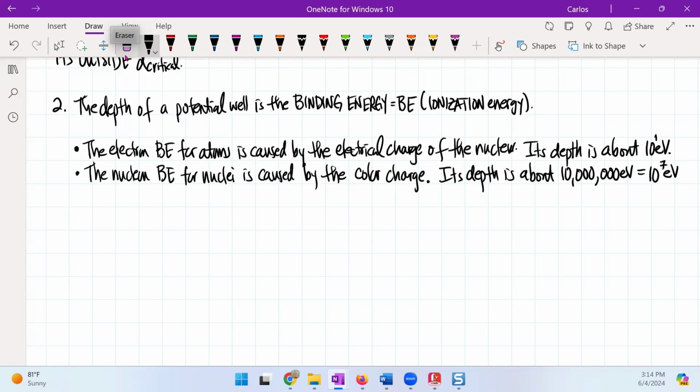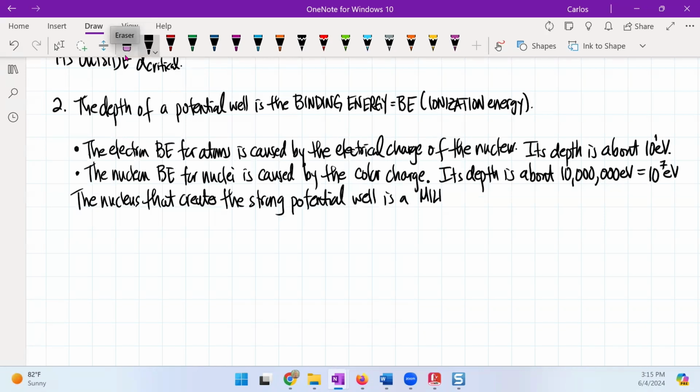So we say in the language of binding energy, the nucleus that creates the strong potential well is a million times deeper than electric potential wells by nuclei.